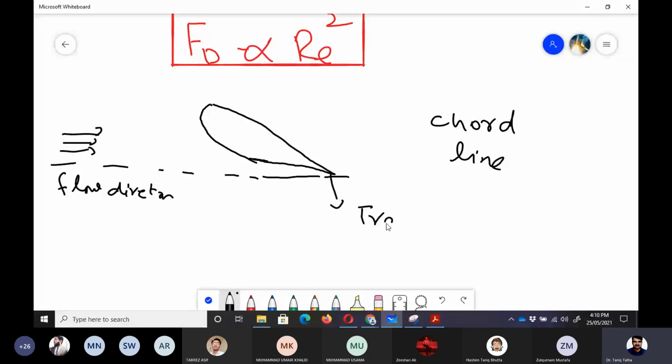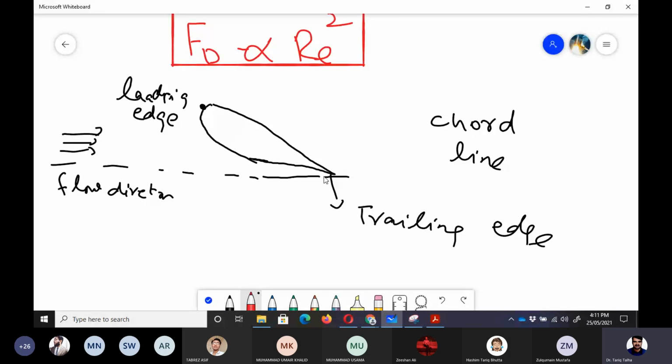Trailing edge we call it where the flow leaves that body downstream, and this is the leading edge. Leading edge is where the flow first comes into contact with the body. So the points between leading edge and trailing edge can be joined by a line. We call it chord line.